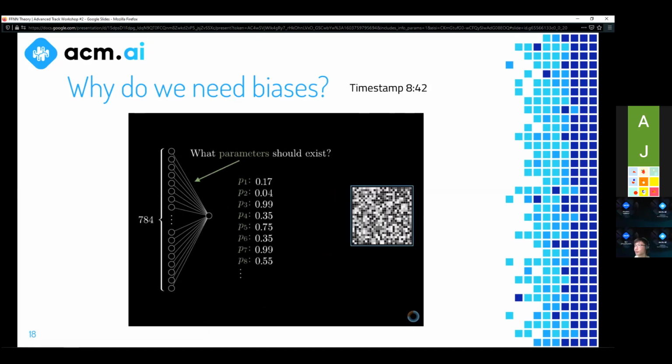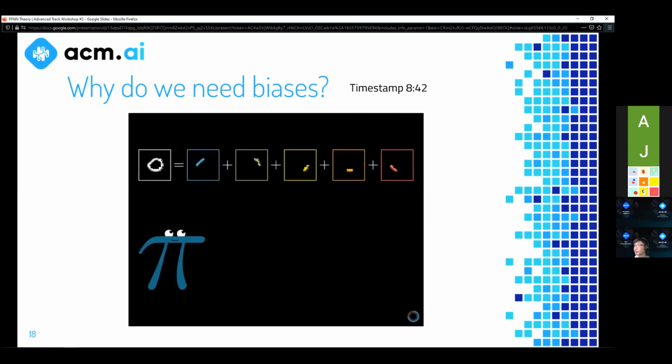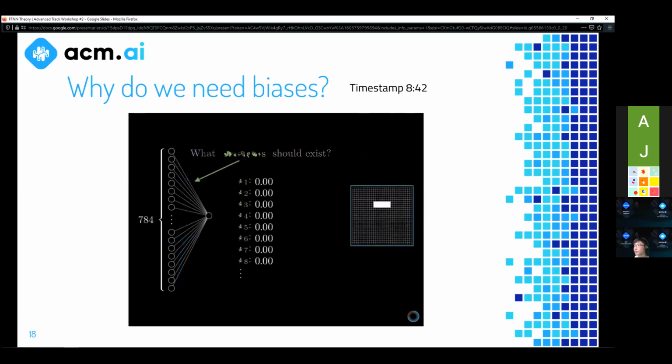What dials and knobs should you be able to tweak so that it's expressive enough to potentially capture this pattern, or any other pixel pattern, or the pattern that several edges can make a loop, and other such things? Well, what we'll do is assign a weight to each one of the connections between our neuron and the neurons from the first layer. These weights are just numbers. Then take all of those activations from the first layer and compute their weighted sum according to these weights.